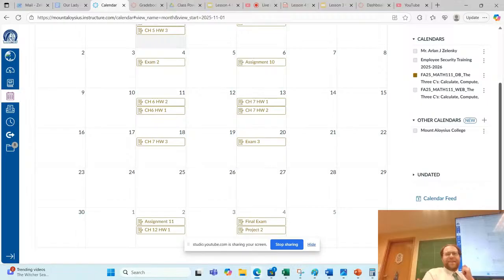For those of you in the online section, it'll work just like the other exams. It'll open the week before it's due, and then you'll have to complete it within the time period in one sitting with the lockdown browser.